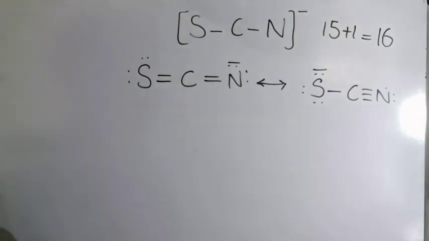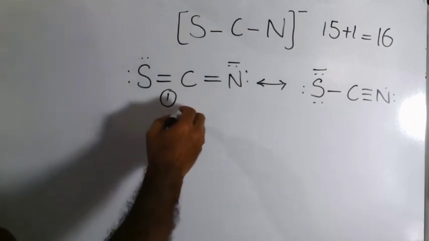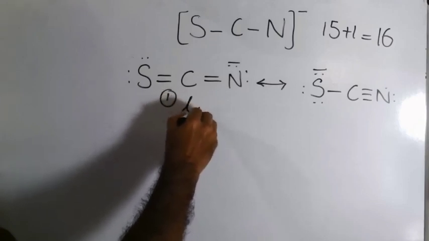Now we will discuss the geometry of these two ions. In the first one, there are two repulsion units around the center carbon and no lone pairs. So the best geometry to minimize the repulsion is linear.